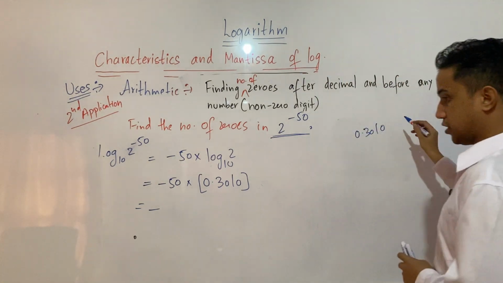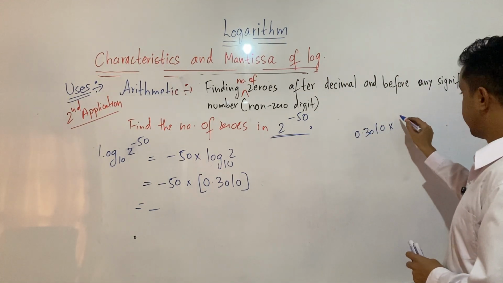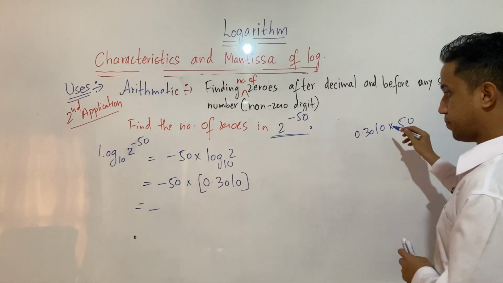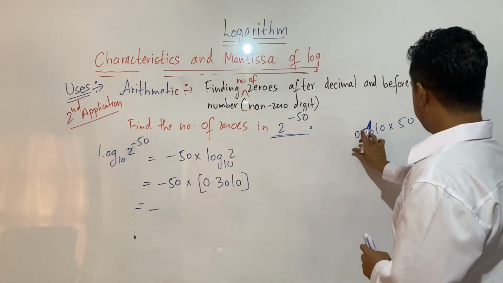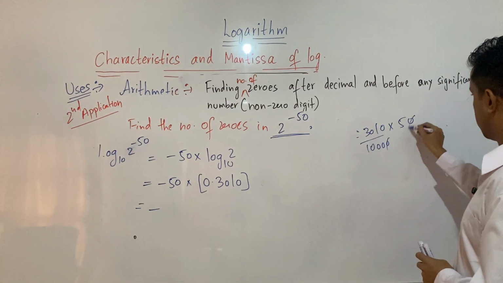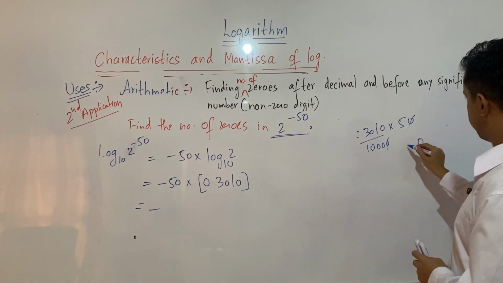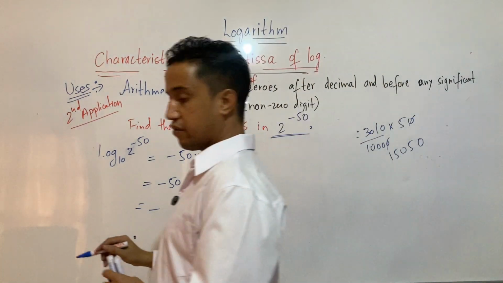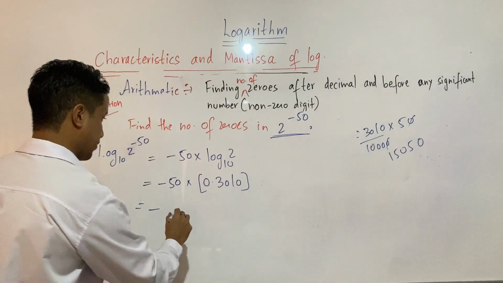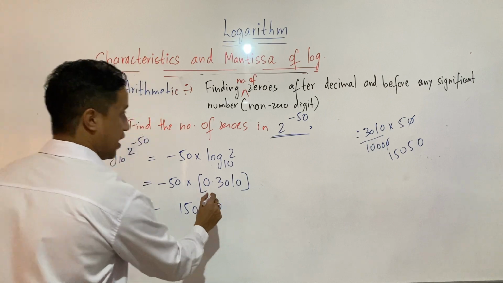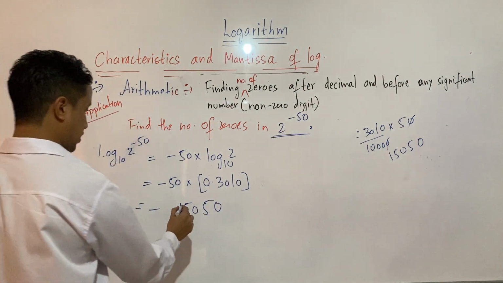So here, if I multiply 0.3010 by 50, it's going to be 15050, and the decimal is going to be here.